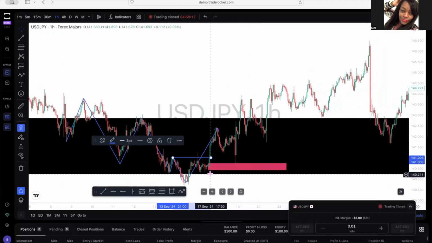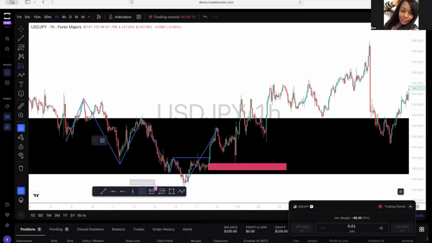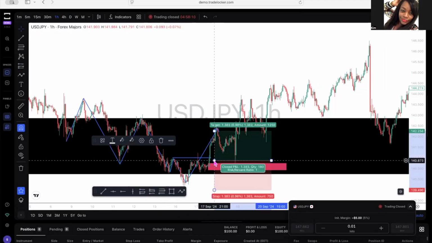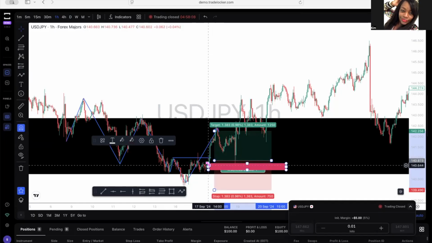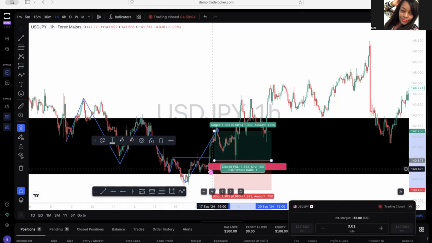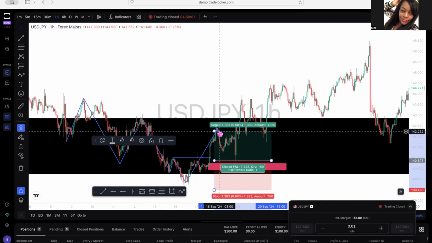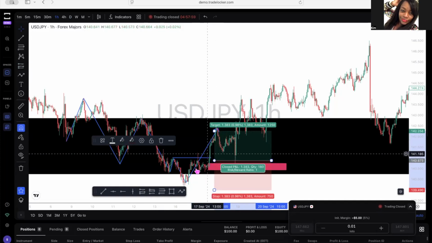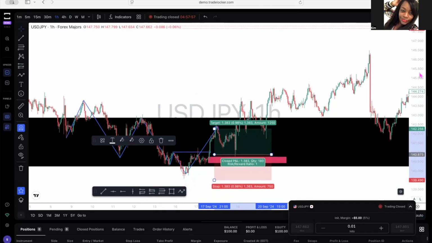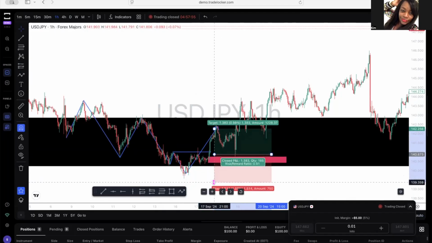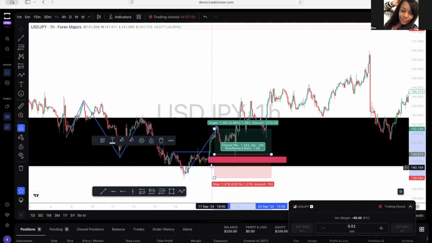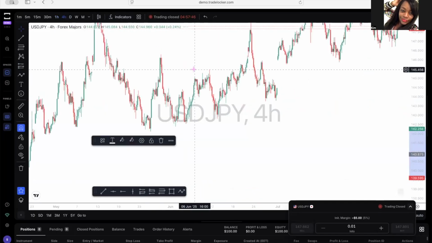If you wanted to put a long position at the opening of this imbalance or at the order block of this shift in structure, you could have put that there. But now your stop loss goes below this low. And you go up in time frame.